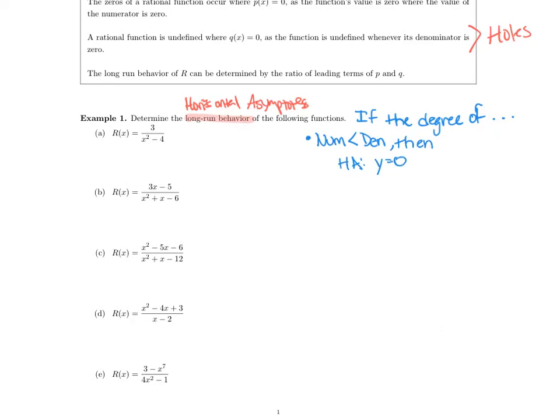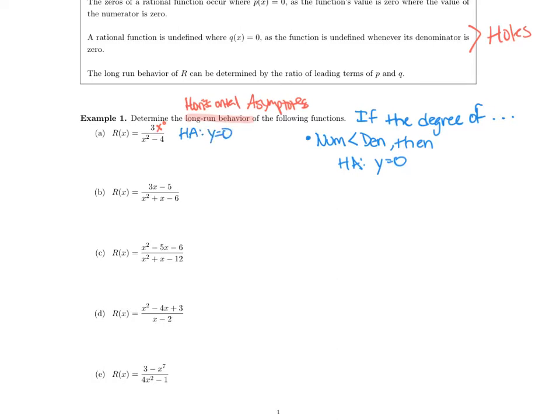So if we take a look at problem A here, there is actually no x in the numerator, but you can think of this as x to the power of 0, since anything to the power of 0 is just 1. So the degree of the numerator is 0, the degree of the denominator is 2, so the degree of the numerator is less than the degree of the denominator. We can just say the horizontal asymptote is y is equal to 0.